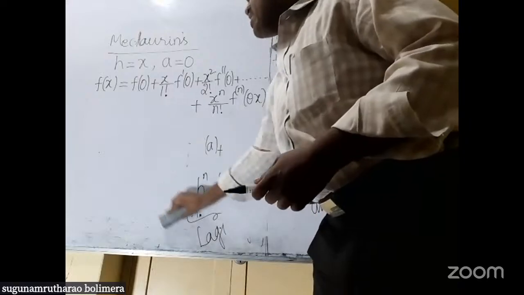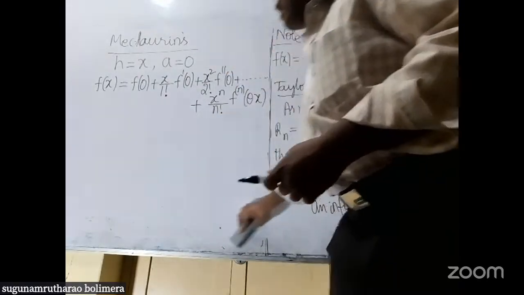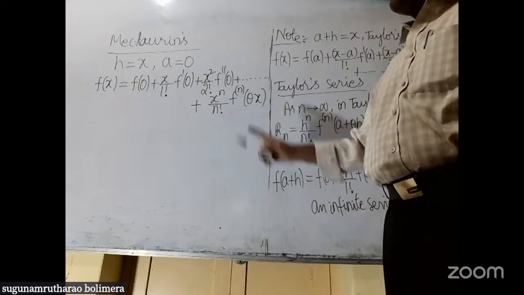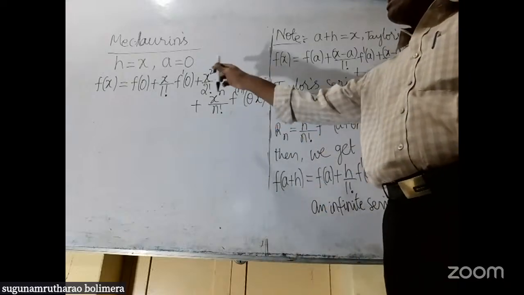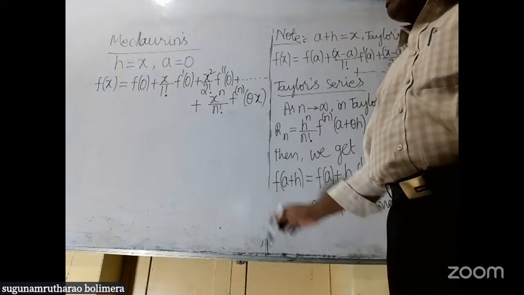That means there exists at least a value theta between 0 and 1 satisfying f of x equals this. This is known as Maclaurin's theorem.